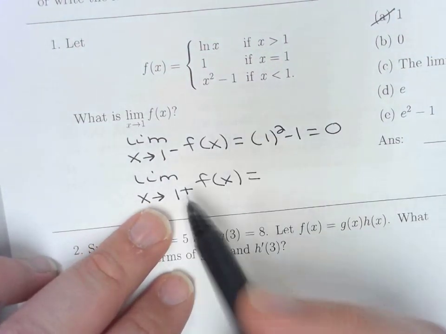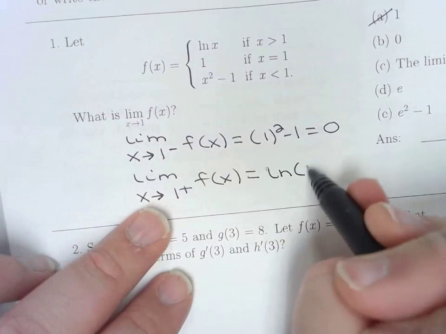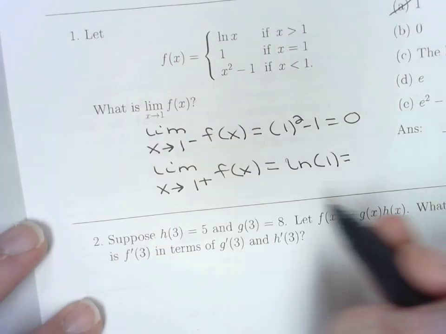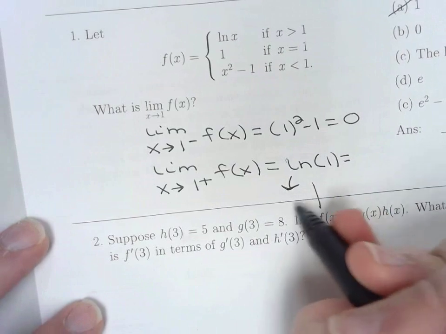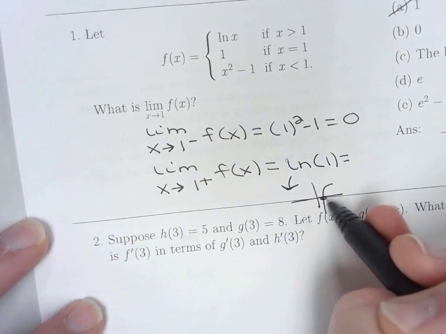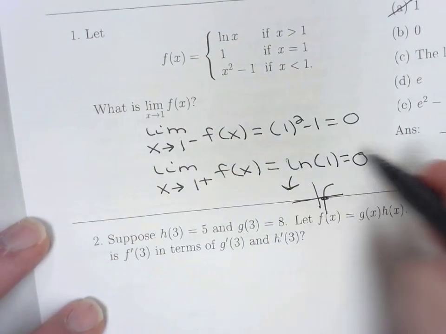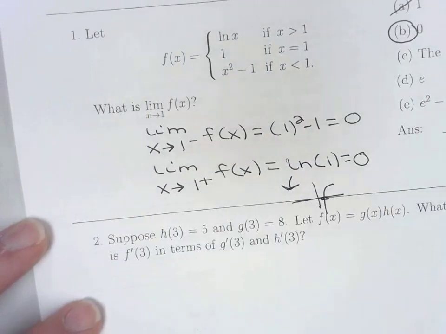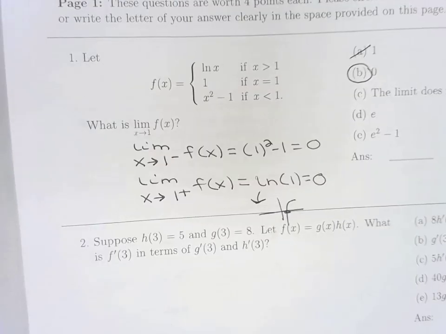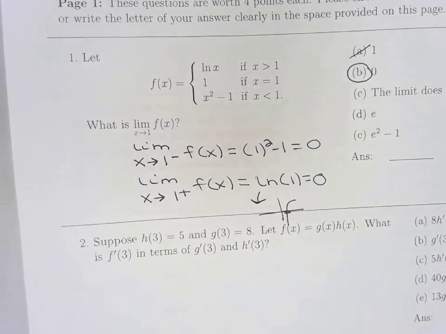When I come from the right, plug in 1. ln of 1, again, look at the graph. We talked about it yesterday. This is ln. So when x is 1, it's 0. So your answer is B. The key for that one is when it doesn't specify left or right, you have to check that left and the right are the same. Otherwise, it does not exist.